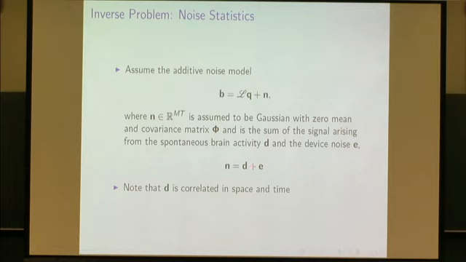Depending on what you want to do, MEG is used in medical applications, for instance, to localize the onset of epilepsy. That's a spiky activation somewhere in the brain. But of course, the brain is not standing still when you're measuring this spike. There's lots of spontaneous activity going on all the time.